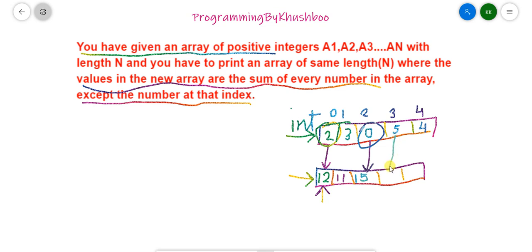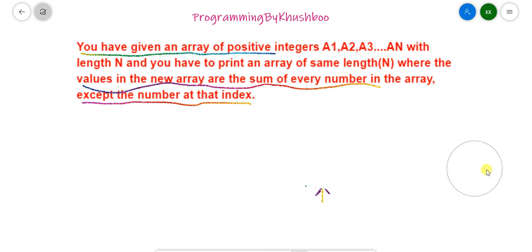On the fourth position, we print all the summation except this 5 here. So 4 plus 3, 7, 7 plus 2, 9. So this will go on like this. Hope you understand the problem. Now let's come to our solution part, how we are going to solve this problem.